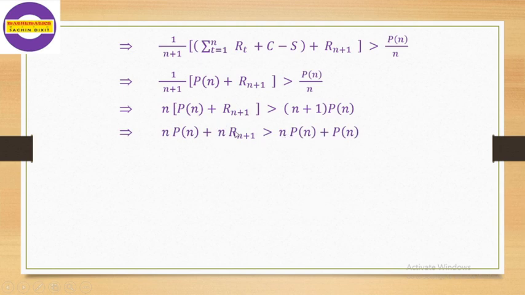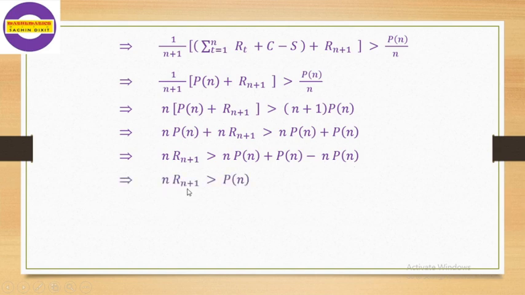We have to check out this Rn plus 1, take as it is, and transfer this nP of n. We get n Rn plus 1 is greater than nPn plus Pn minus nPn. This nP of n and this nP of n will get cancelled out, and the remaining term is n into Rn plus 1 is greater than P of n.